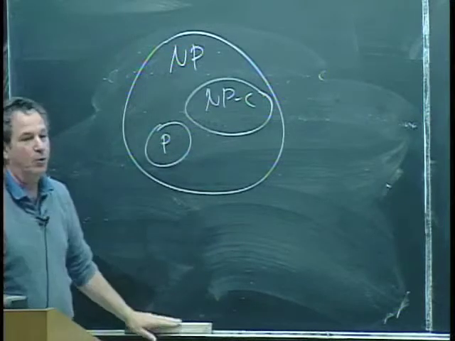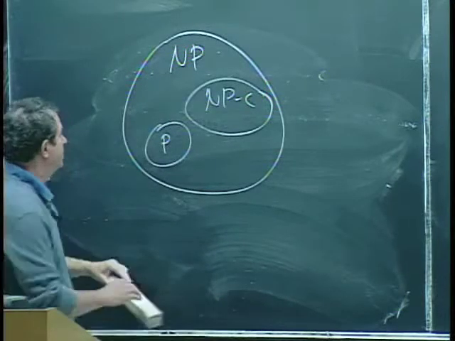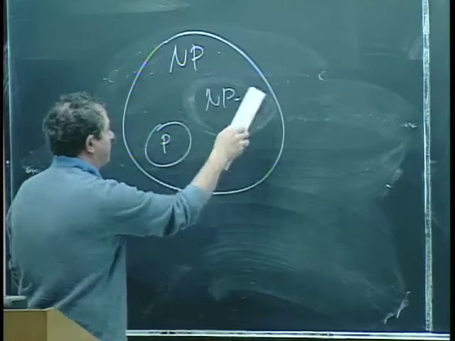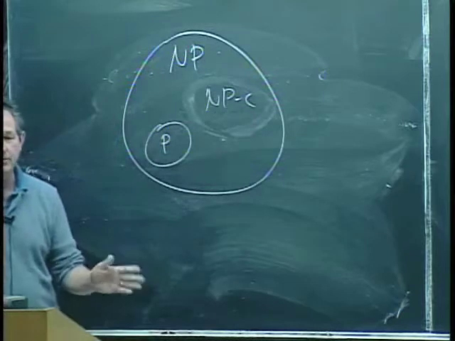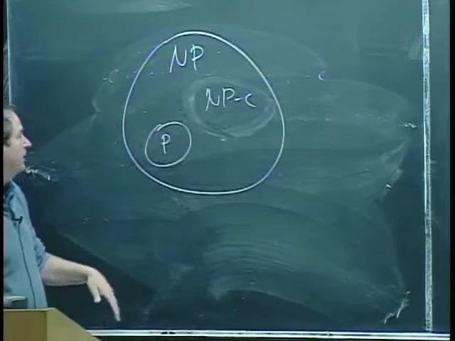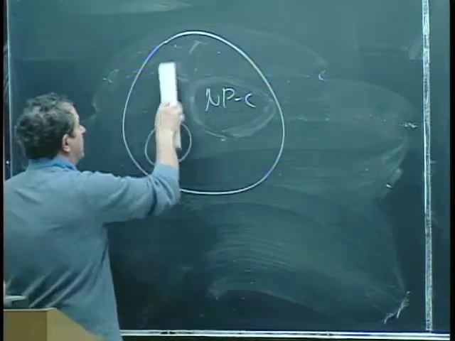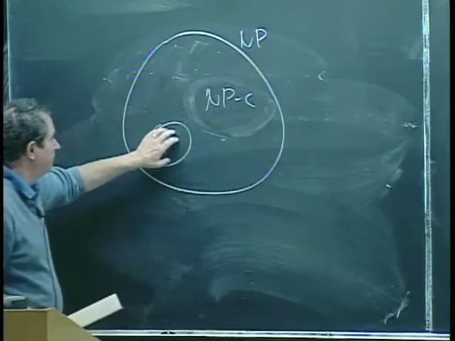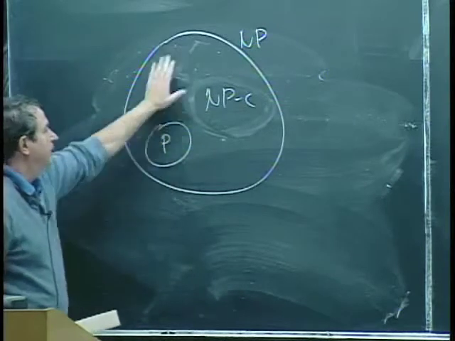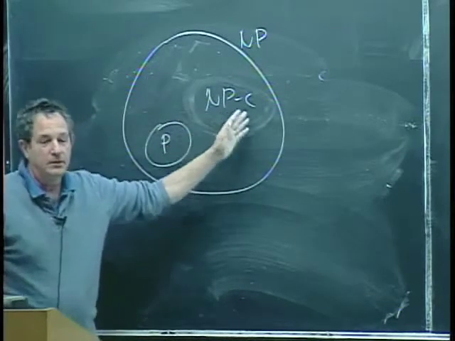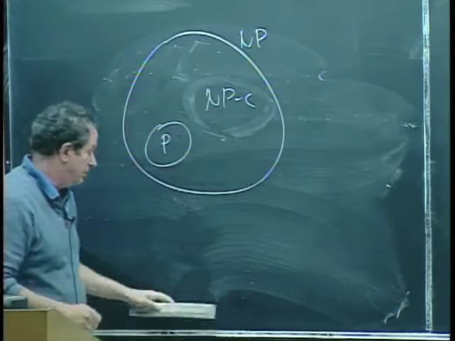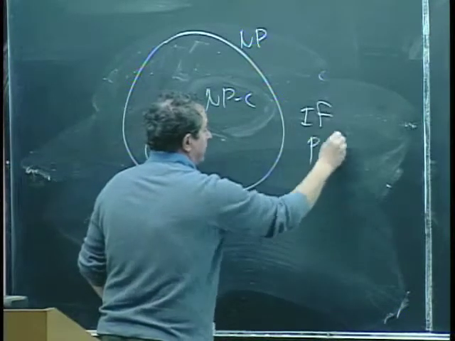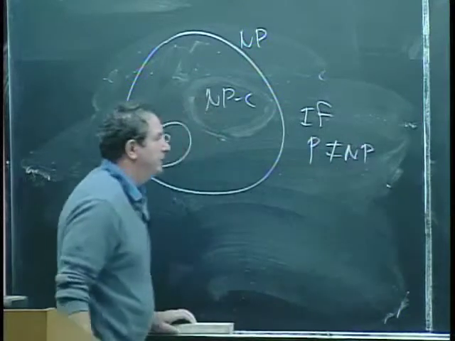So this is sort of the empirical picture. And what you might hope is that the world looks like this. Well, you might hope that P equals NP. That would be great too. But if P is not equal to NP, then what you would hope is that you have problems in P and everything else is NP complete. Why is that good?